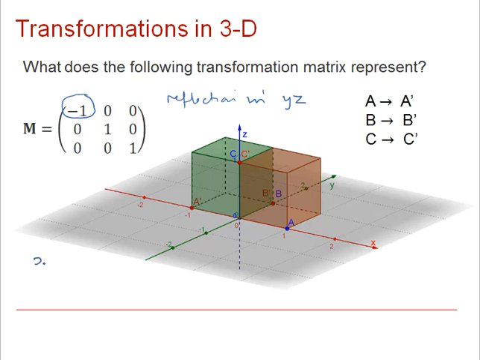So if you were thinking about a reflection in the XY plane, let me just write the word plane up there as well, or the XZ plane, then you might like to think about the matrix and which of those ones would be negative.